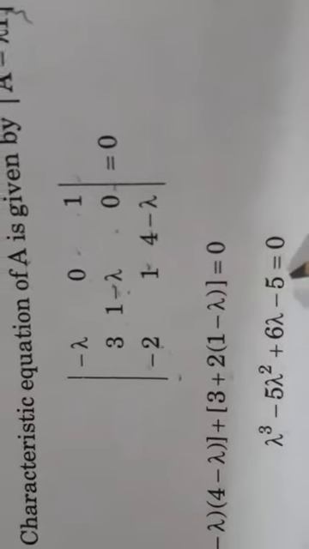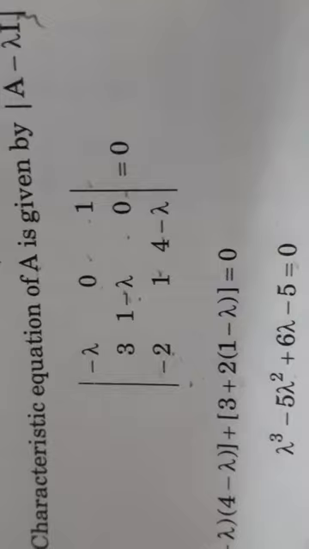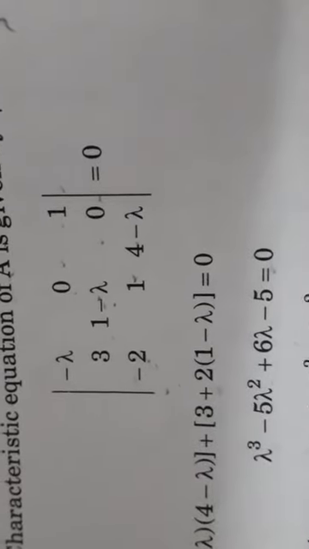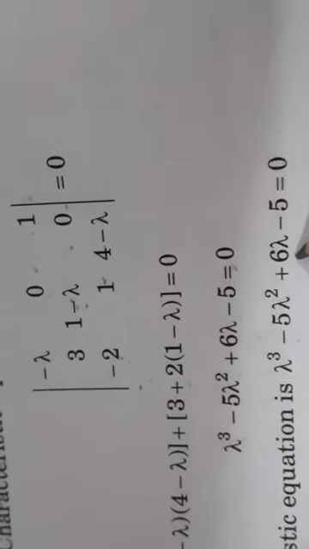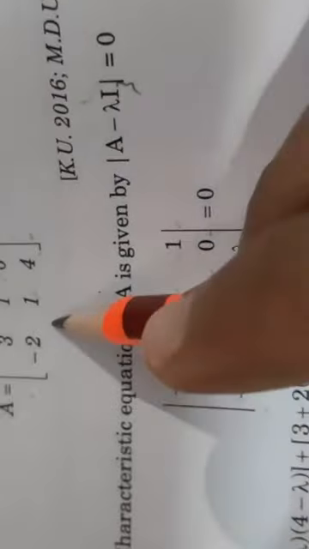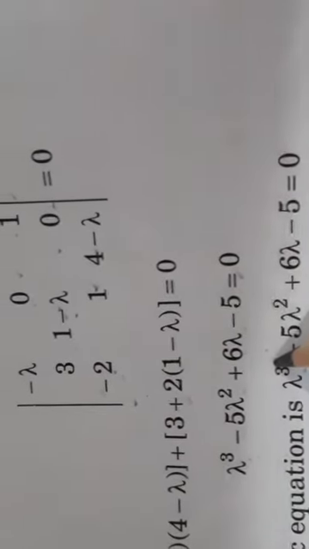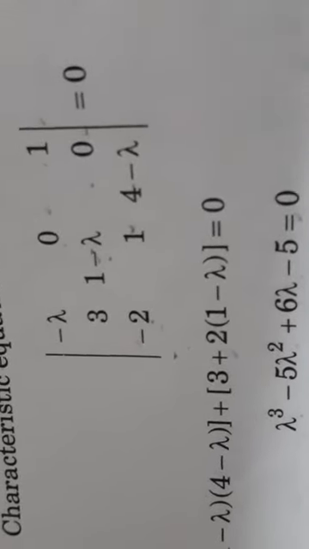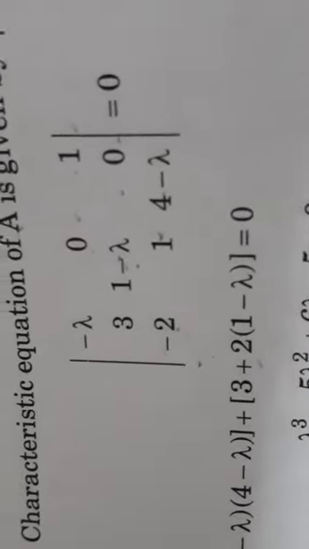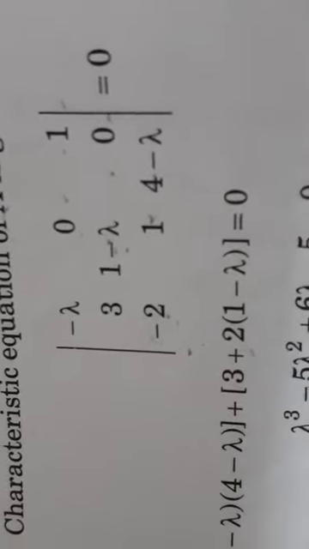We get lambda cube minus 5 lambda square plus 6 lambda minus 5 is equal to 0. So this is the characteristic equation of the given matrix. The matrix was of order 3, so the degree of the characteristic equation is 3. In this way we can find the characteristic equation of any square matrix.